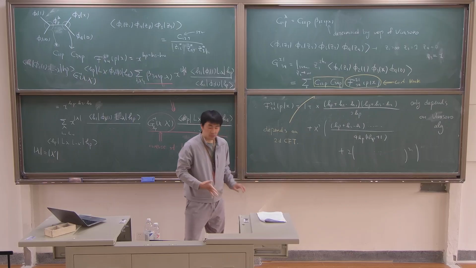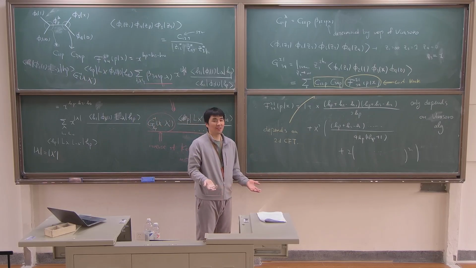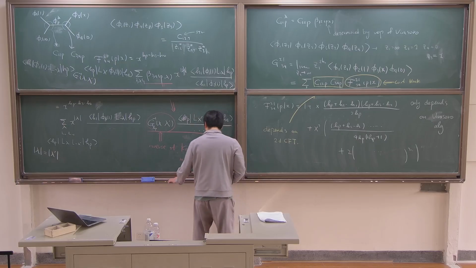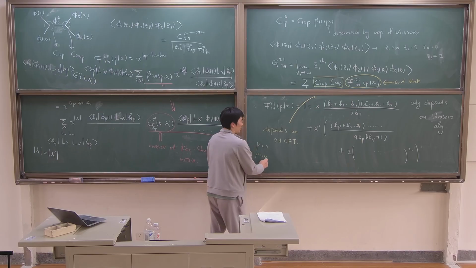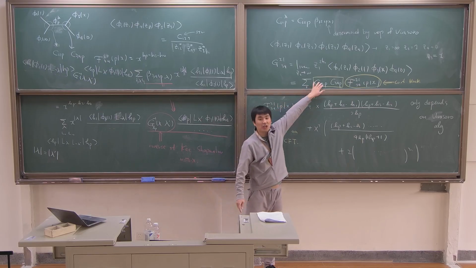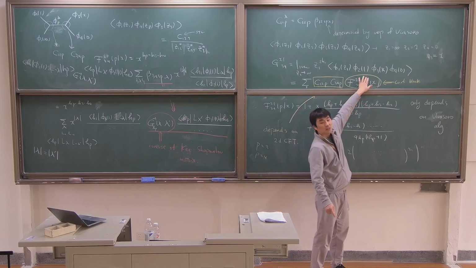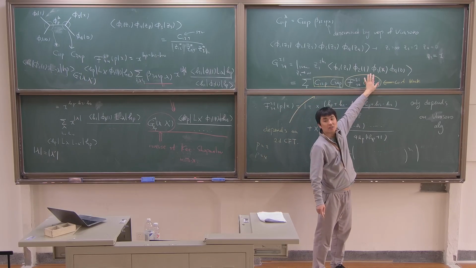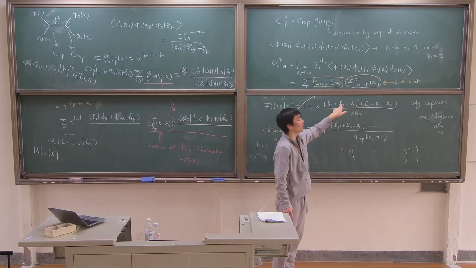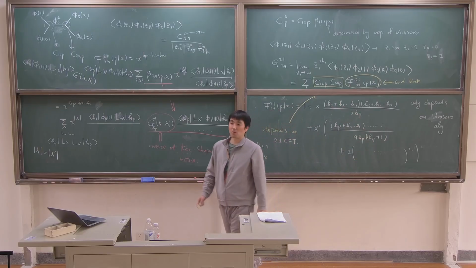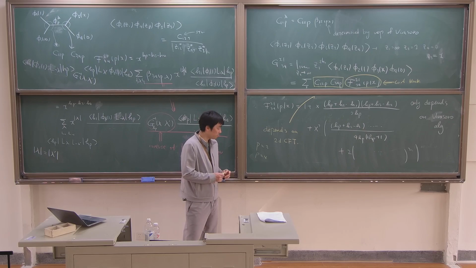For instance, if you consider the minimal model, like p equal to 3 and p equal to 4, this part will change. C will change, but this part is independent. Of course, it depends on the conformal weights and so on. It will be different, but the way you derive it is just simply the Virasoro algebra.